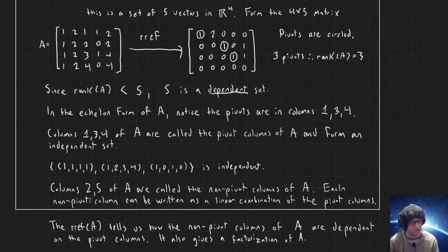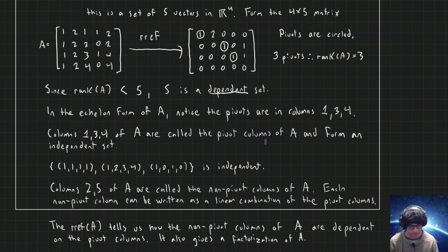It actually tells us how to write the non-pivot columns as combinations of the pivot columns. And in doing so, it gives us a factorization of A.